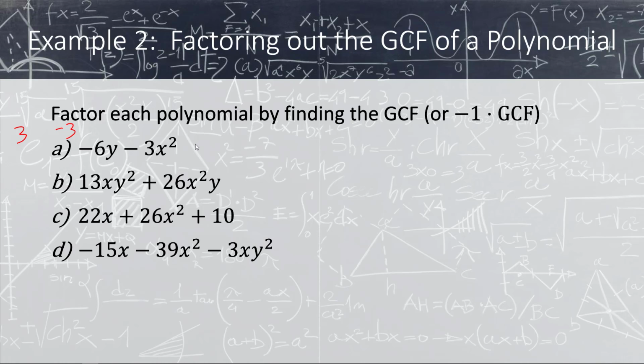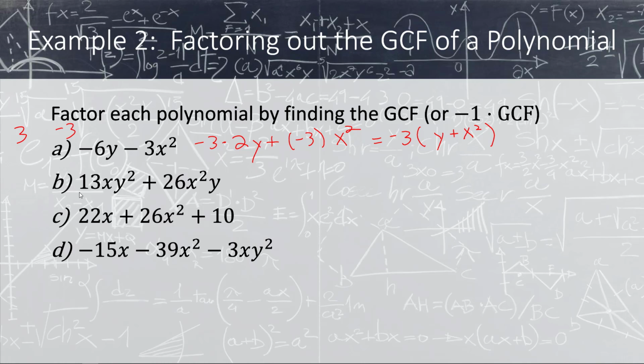Here we will have negative 3 times 2y to get our negative 6y, plus negative 3 again, and we want to multiply that by x squared. Now we can take the negative 3 out, and then we will have 2y plus x squared. And there it is factored.